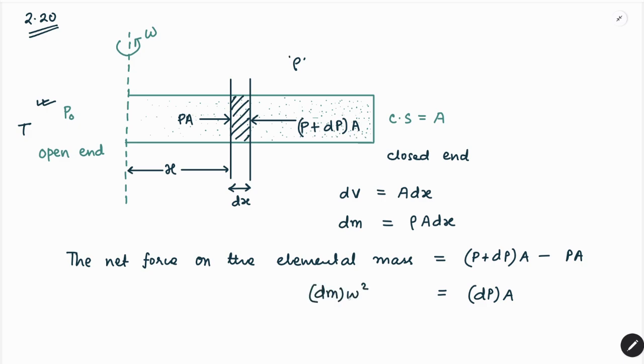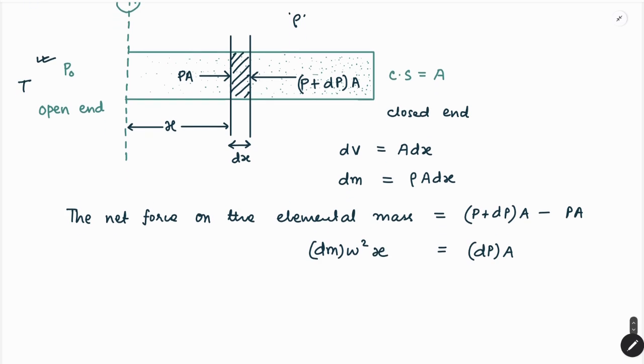M in this case is dm omega square r. R is equal to x. So if we substitute the value of dm, then dm can be written as rho A omega square x dx is equal to dP times A.